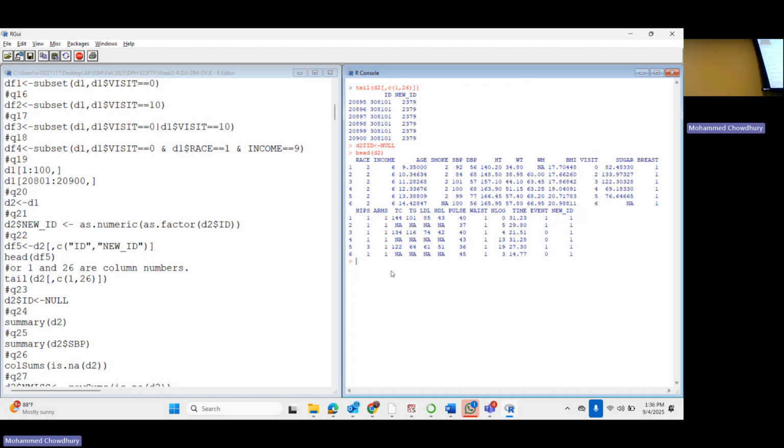Just write D2 $ ID <- NULL. That means I make the ID variable disappear from the data. Now this is the data I can give my students. Students do not know what the original ID is. I put the new ID here, 1, 2, 3, 4, 5.